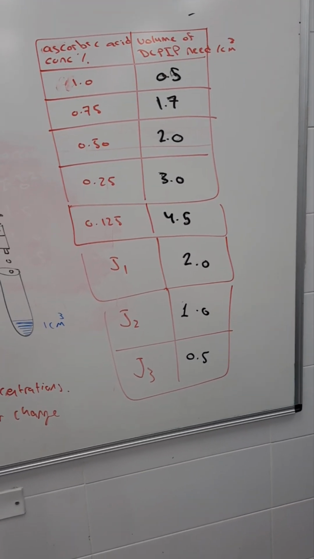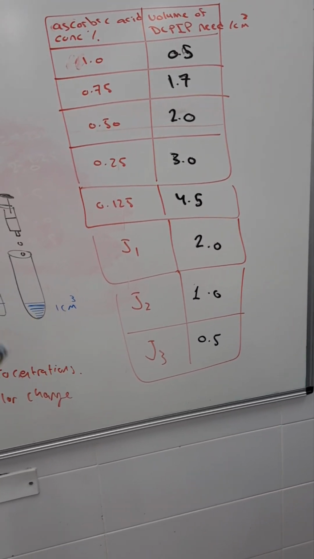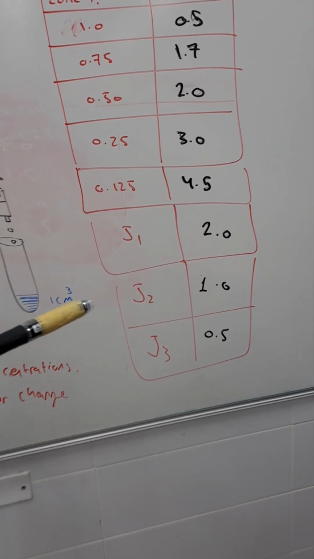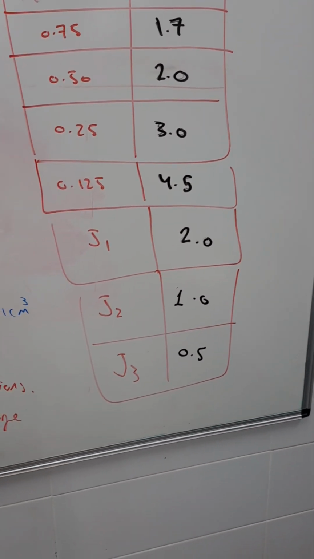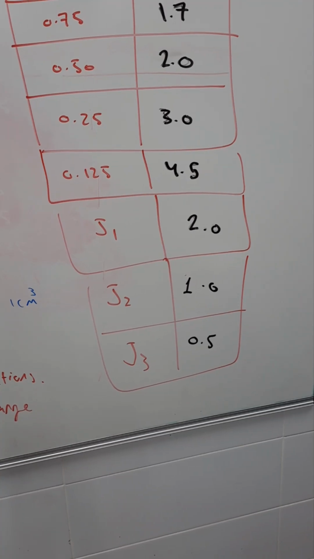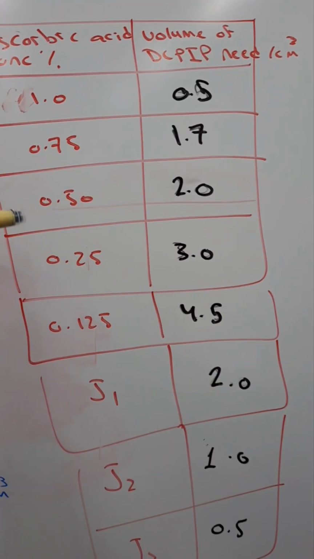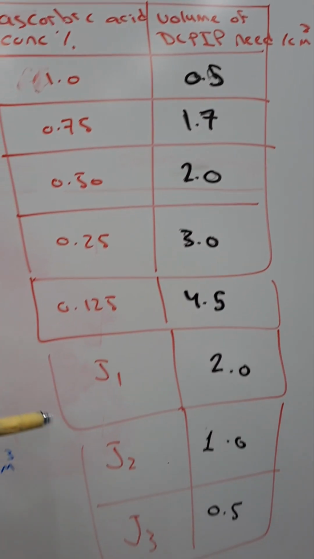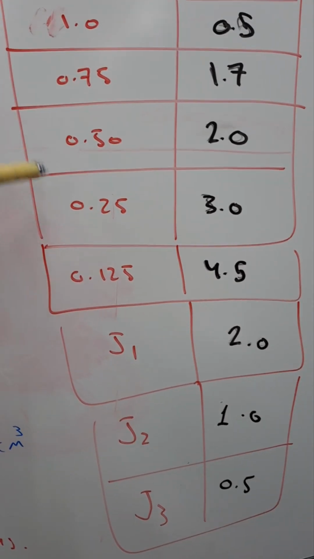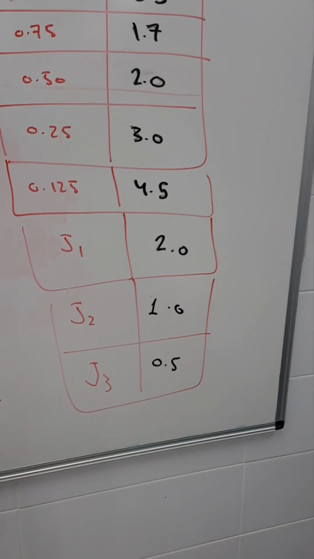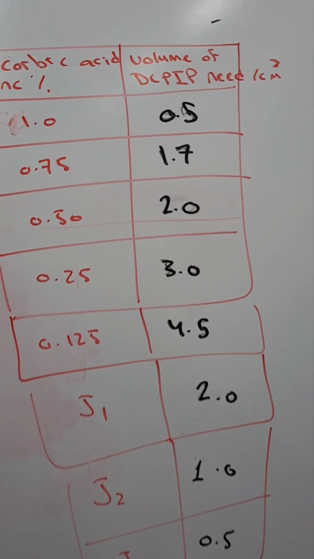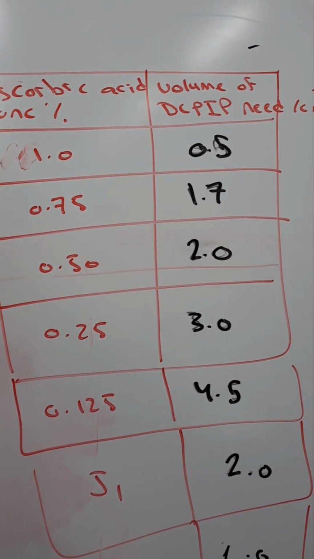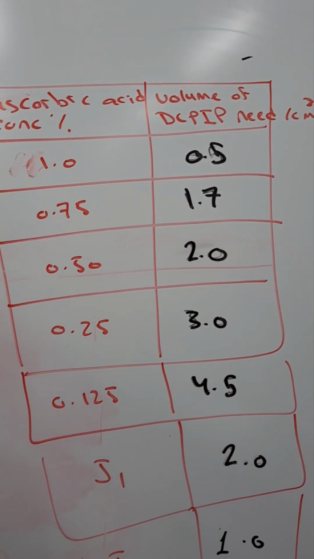Now, if you come and estimate the vitamin C concentration in J1, you will find that 2 centimeters cubed of J1 was needed to decolorize the DCPIP, and it is just like the concentration 0.5, so you can estimate that J1 is 0.5. For J2, it is 1 centimeter cubed needed, so it is in between 1 and 0.75.